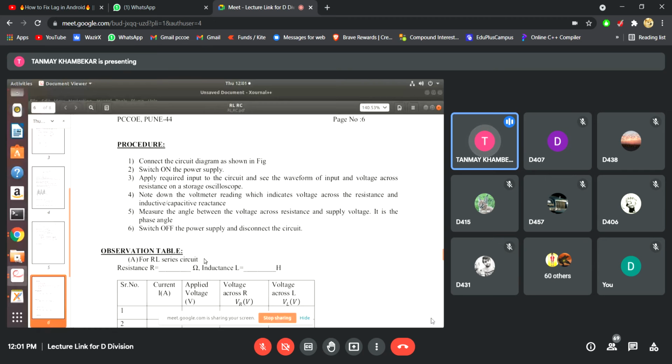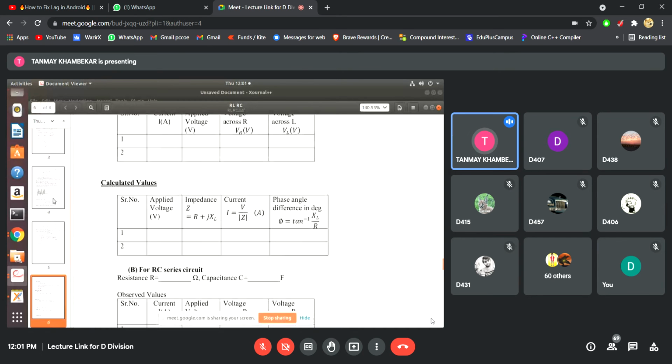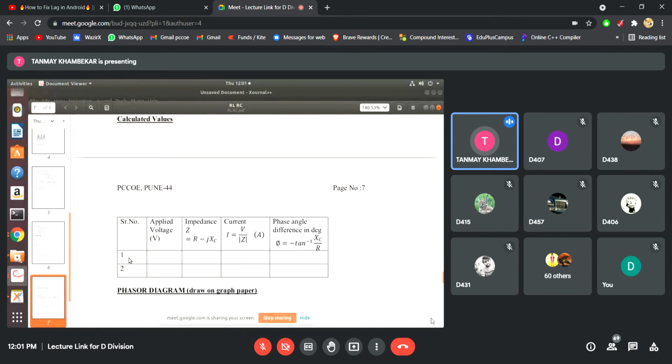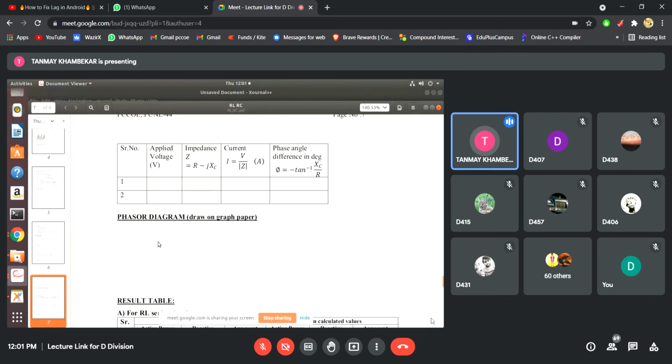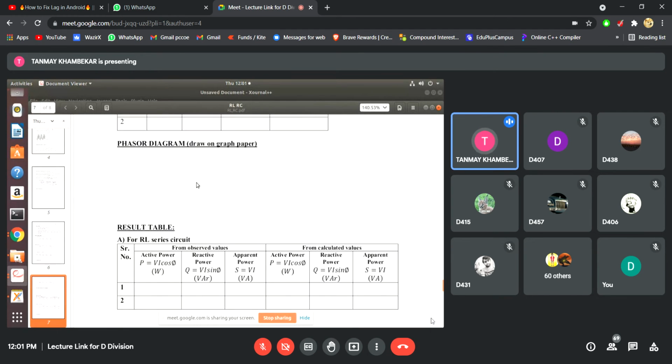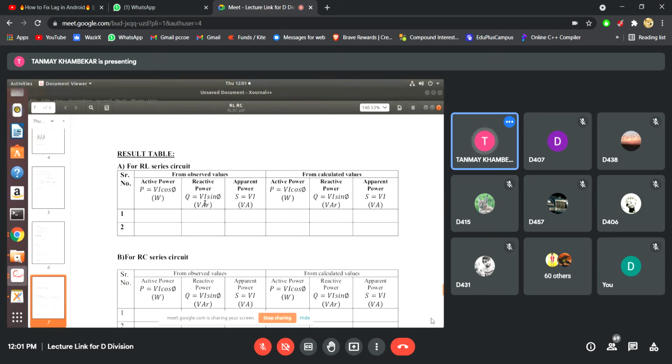After the circuit diagram, the observation table, which is there in that PPT, I will be sharing it. Then you have to do the calculations. Then you have to draw the phasor diagram on the graph and the result table. Now in this result table, you will not write down the observed or the calculated headings.